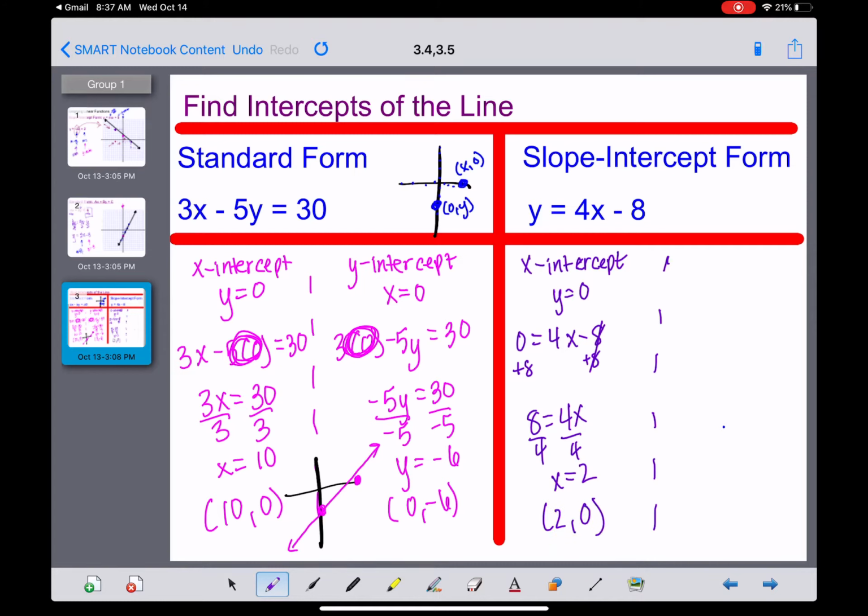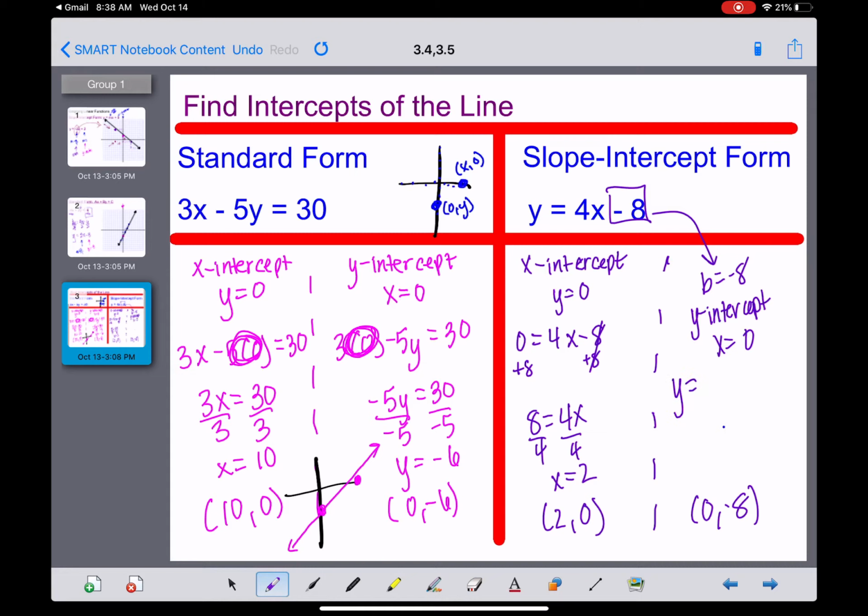For my y-intercept, since this is in slope-intercept form, I actually know that it's already negative 8. So if you recognize it's in slope-intercept form, then you can just use the value of (0, -8). However, if you don't recognize it, that's okay. When I go to find the y-intercept, I plug 0 in for x.